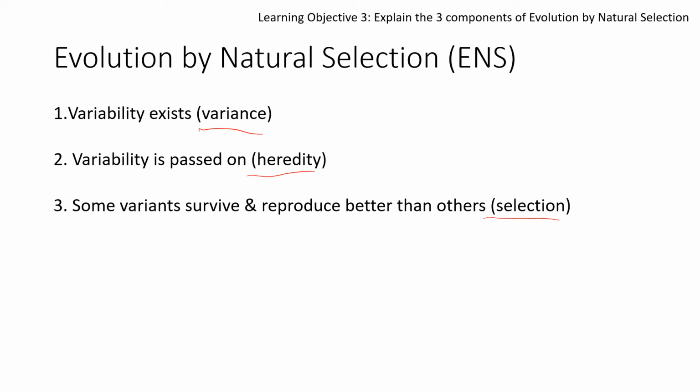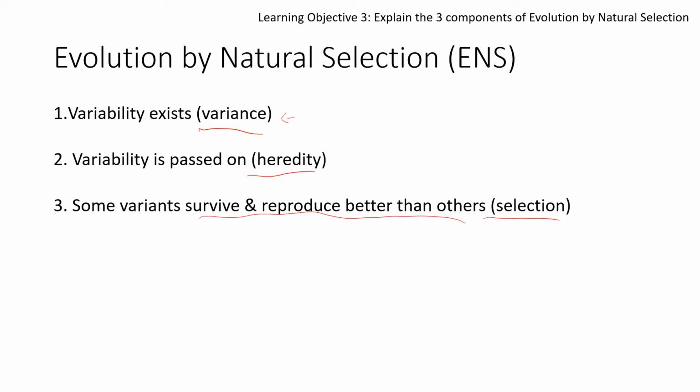That is selection. This is where I was just kind of getting ahead of myself talking about birds. That bird that had the slightly longer beak, so the variance, that variance allows them to survive and reproduce better than others. So the one with the slightly longer beak can survive better than the one with the shorter beak.